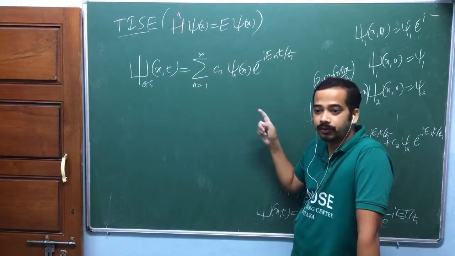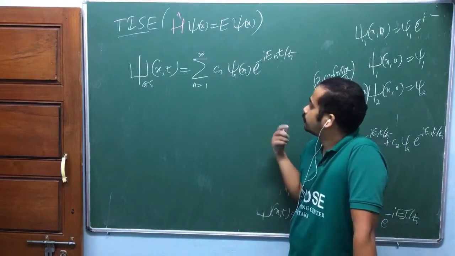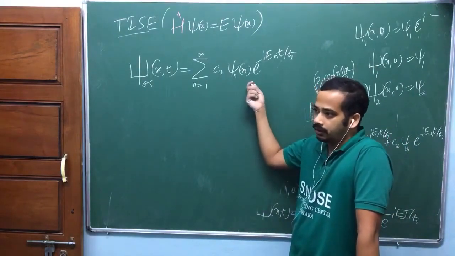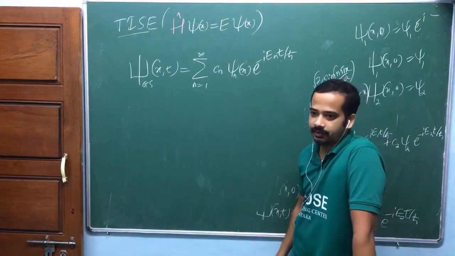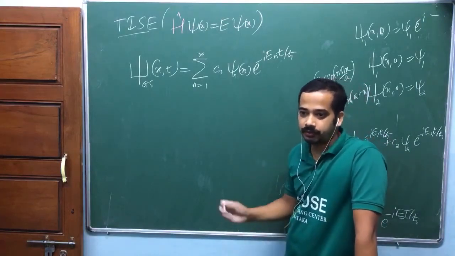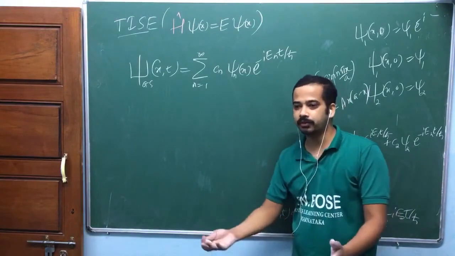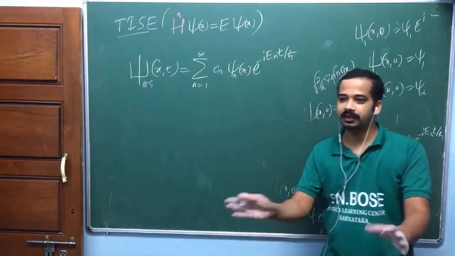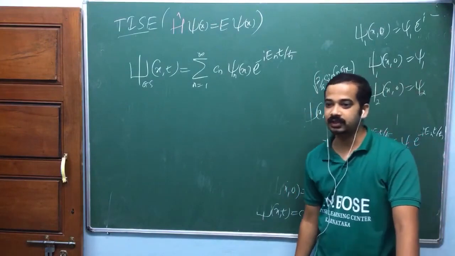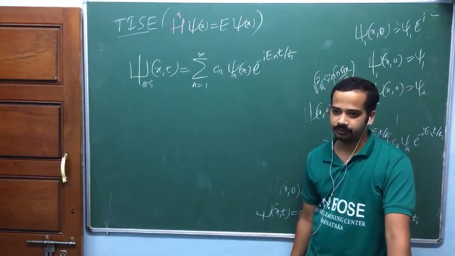Can I say it like this? A superposition of different stationary states, a superposition of different definite energy states. Once it is a superposition, the definite becomes indefinite, indeterministic, isn't it?